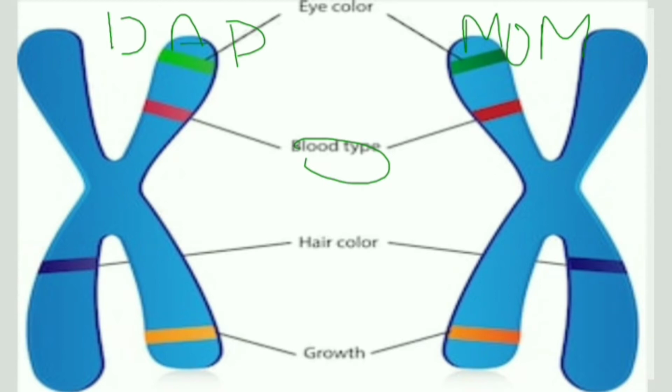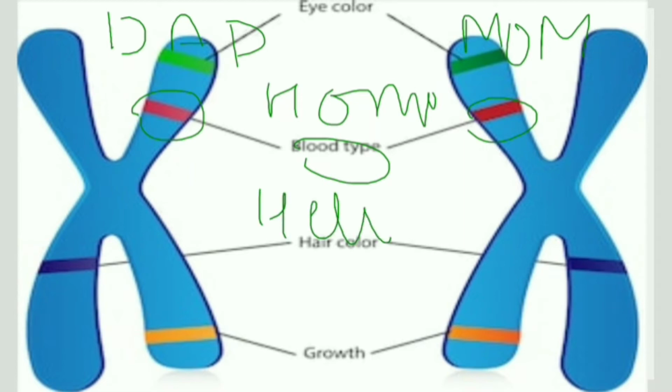If the allele from the dad is similar to the allele coming from the mother, then it is homozygous. Whereas if the allele that comes from the father is different from the allele that comes from the mother, then it is heterozygous. So if the alleles are similar, it is homozygous, and if the alleles are different, it is heterozygous.